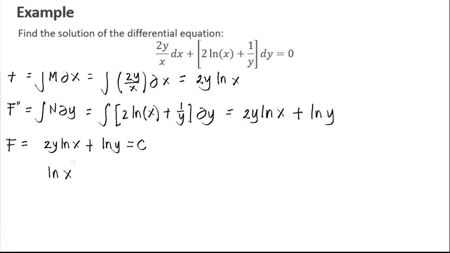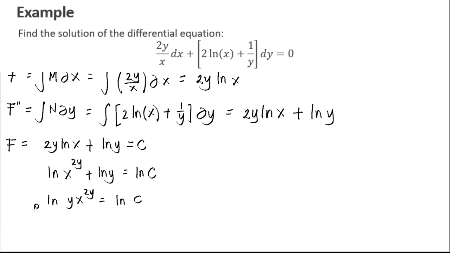I hope you can catch up with this. Is it alright with you? I changed c with ln c. Of course, that should be alright with you. I'm the one solving here. So, sige, let's proceed. I can combine this one. This will become ln y x to the 2y equals ln c.